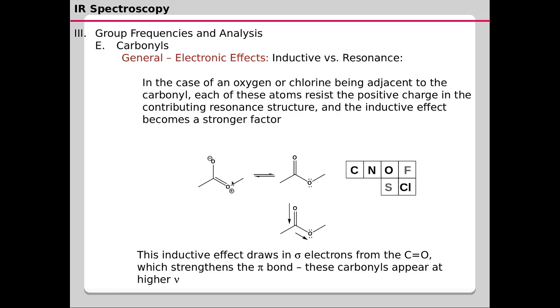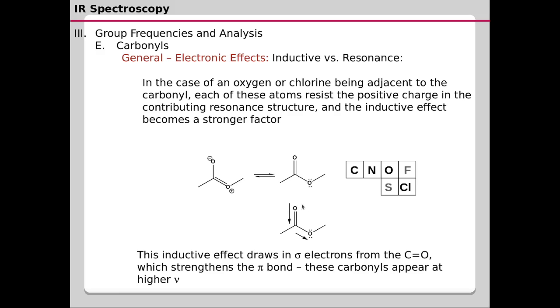But this is a highly favored mechanism compared to the other mechanism because of this reason. Okay, so the inductive mechanism of pulling the electron density towards the sp3 oxygen dominates over the resonance mechanism.